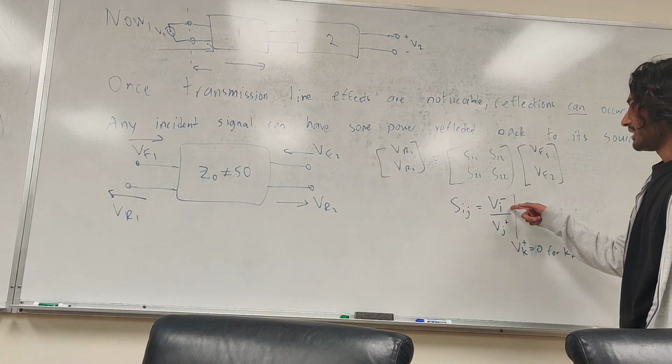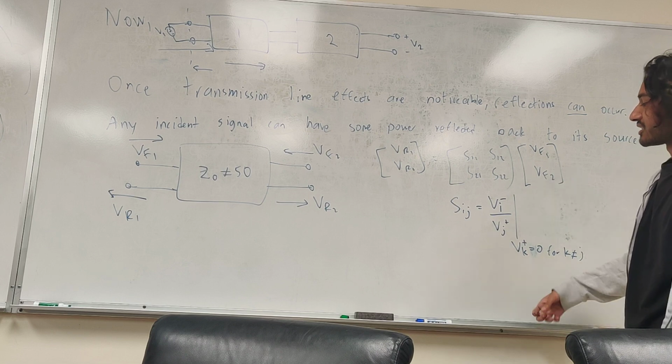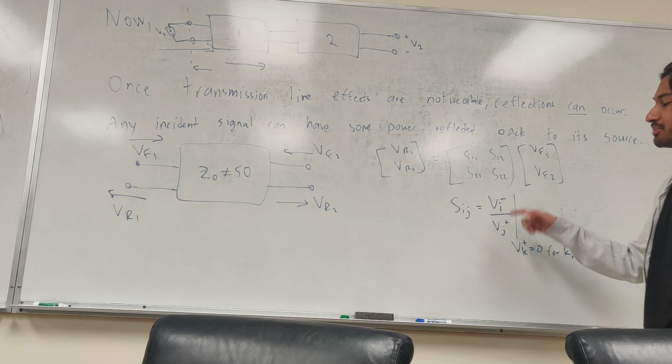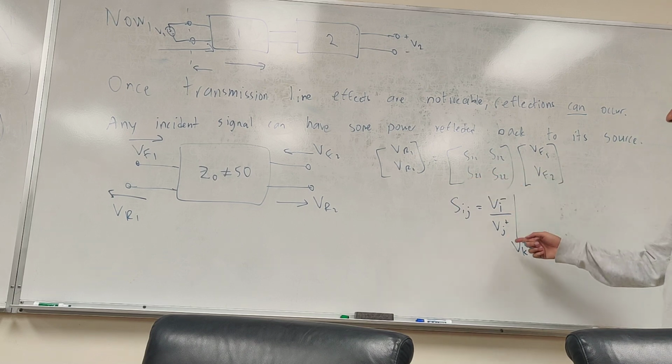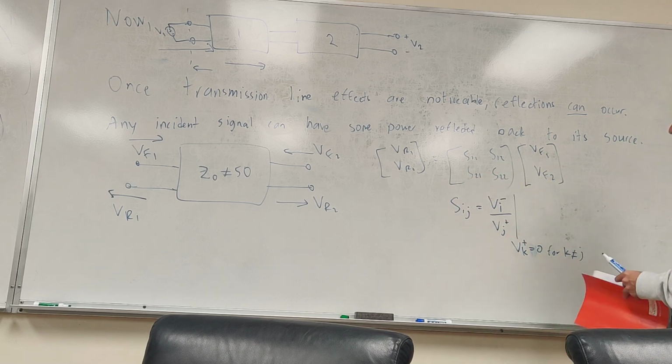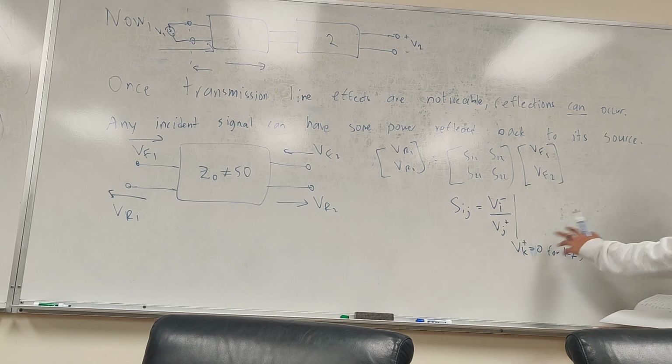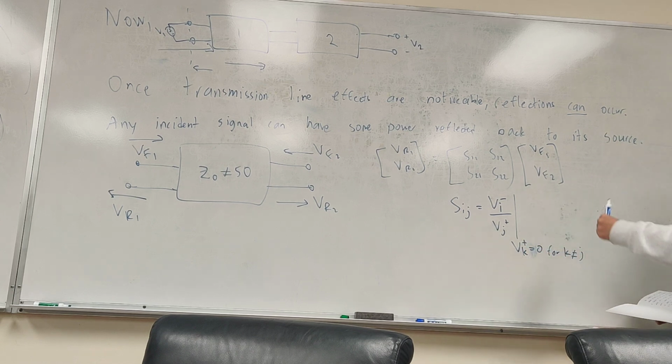So Vi minus, if i is 1, that's going to be V1 minus, which is the same thing as VR1. So the pluses and the F's are the same, the minuses and the R's are the same. Does that kind of make sense? This is kind of confusing. I'll give you a more concrete example.